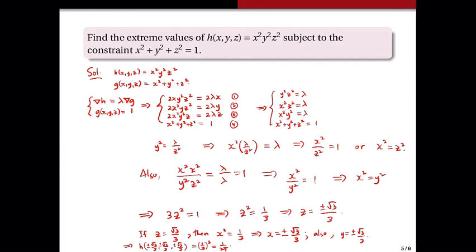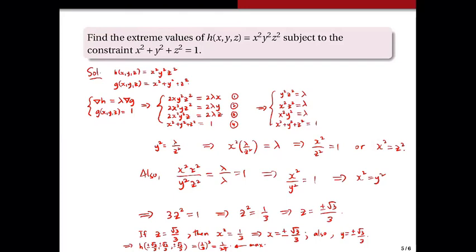We can conclude actually that this will give us the maximum, simply because, let's analyze this further. The constraint is x squared plus y squared plus z squared.